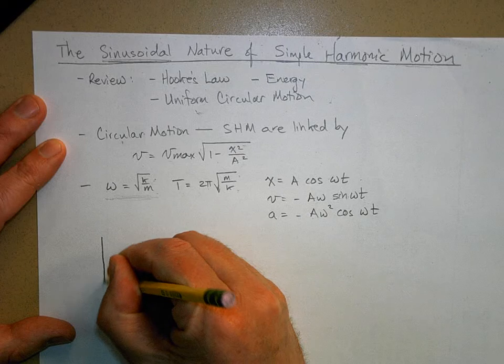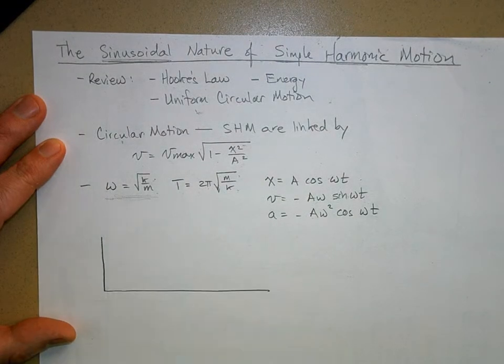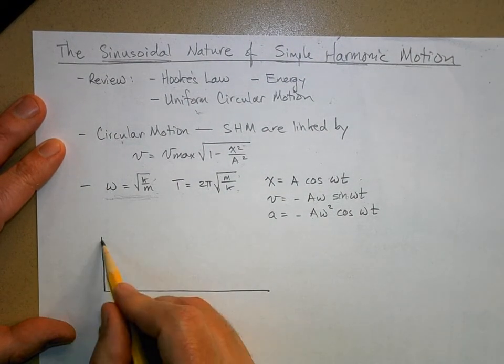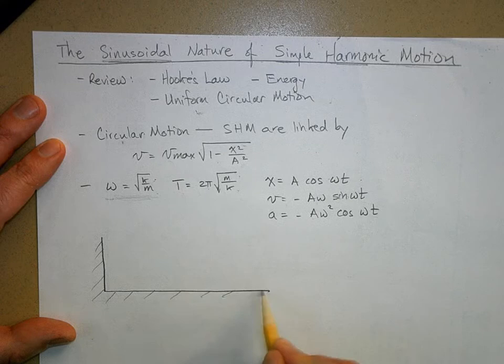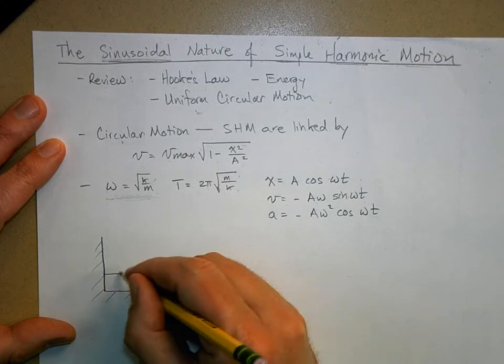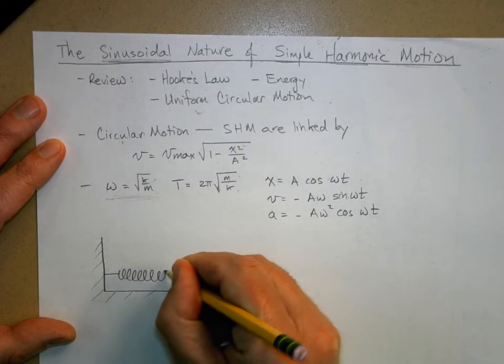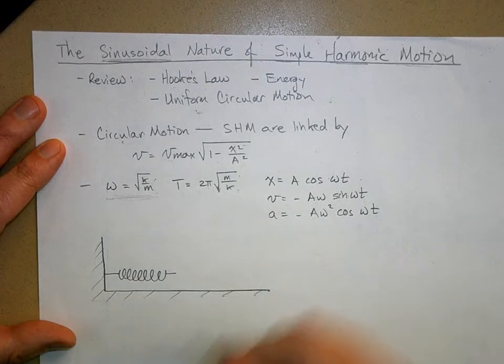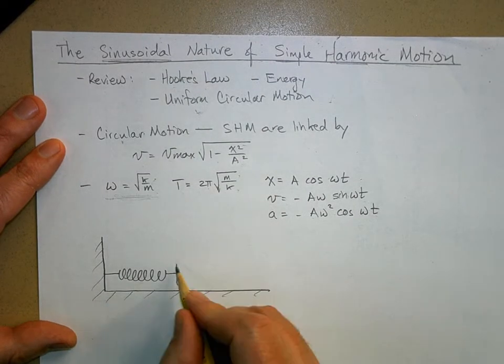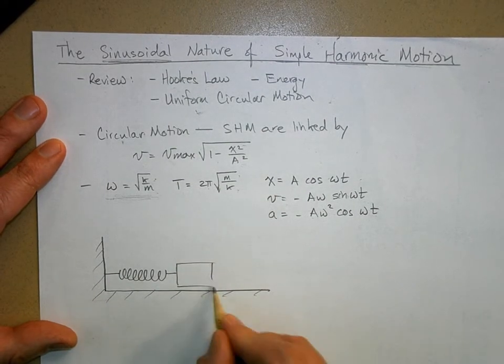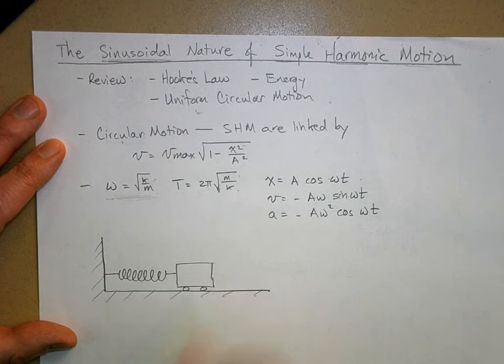Let's take a look at a mass spring system. Of course, these are all idealized systems. There's no frictional losses, no noise, no air resistance, nothing like that. So in other words, this thing will pretty much oscillate forever.